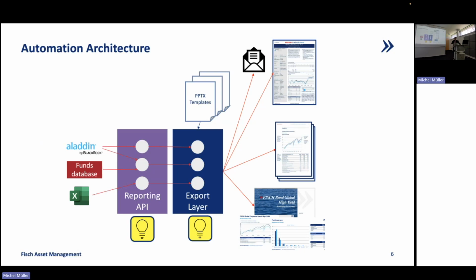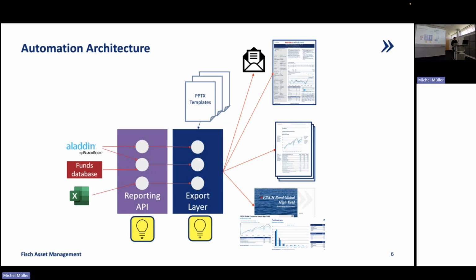Then we have various other sources, often in Excel format, CSV format, what have you. They all get integrated in one consistent API layer. We call it the reporting API, or internally Poseidon. And then from there, we have a common way to grab data and put it into a report, and that is the export layer.